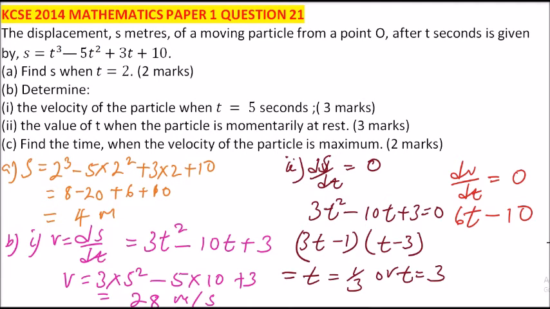So if this is equal to 0 at maximum, then it means 6t is equal to 10, implying that t is equal to 10 over 6, which is equal to 1 and 2 over 3. So that's how you work out that question, and you get yourself 8, 10 marks.